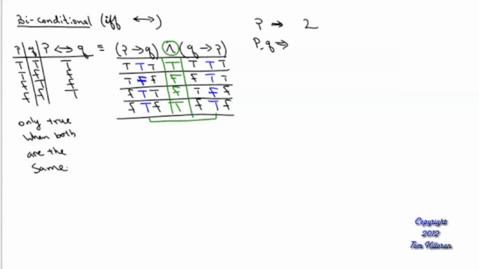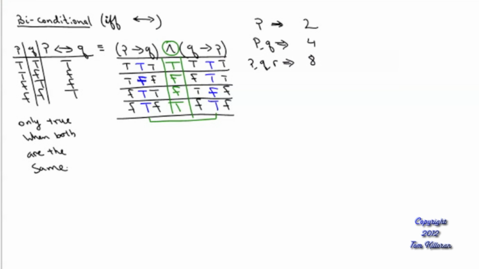I'm just talking about if I have a P and a Q, how many lines do I have in my truth table? 4. So if I have a P, a Q, and an R, and a little bit of patterning, if 1 is 2 and 2 is 4, then 3 is going to be either 6 or 8. It's 8.